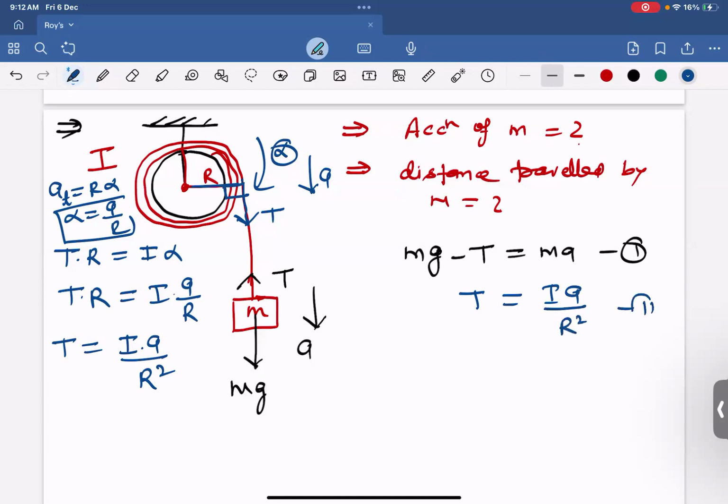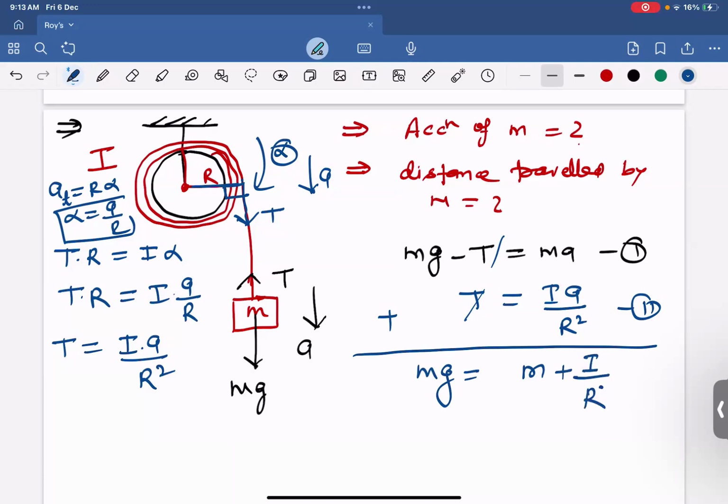Now I have two equations. If I add these two equations, then T will get cancelled. So what do I get here? I get mg is equal to small m plus capital I divided by R square, into a.